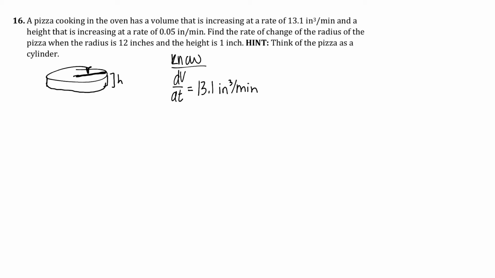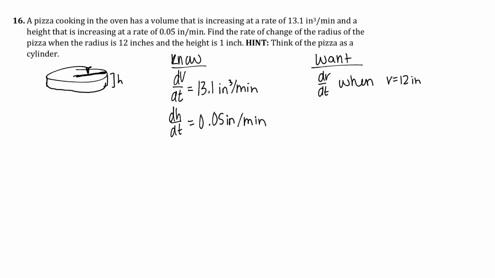And we know that the height is increasing, so dh/dt, also positive, increasing at a rate of 0.05 inches per minute. We want the rate of change of the radius, so dr/dt, when the radius is 12 inches and the height is 1 inch. So when r equals 12 inches and height equals 1 inch.